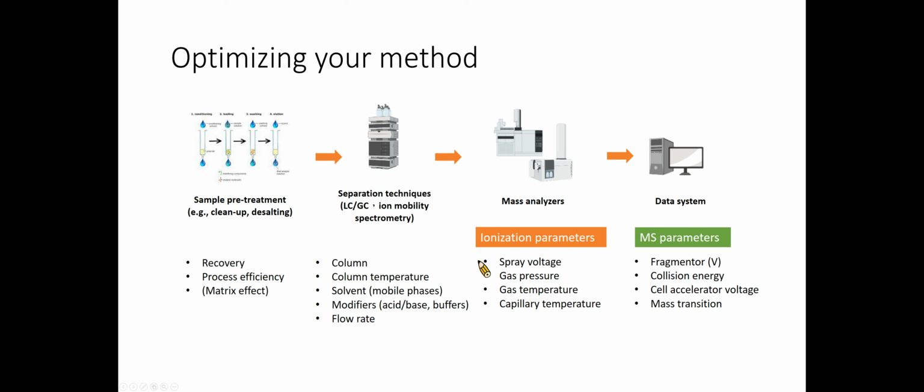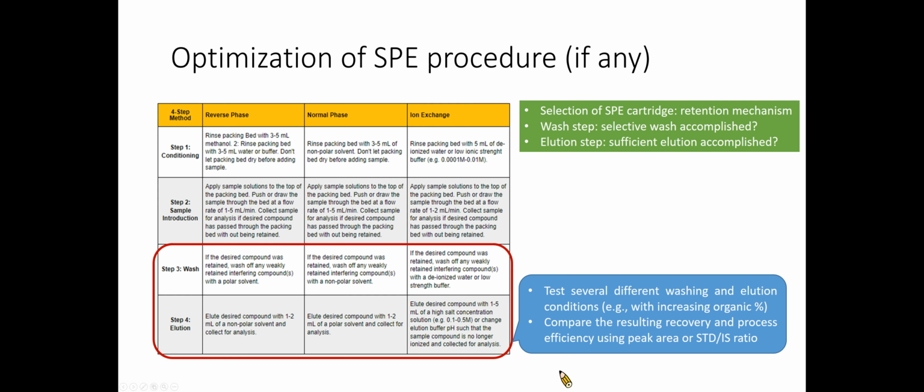Many factors may affect the signal intensity of the analyte, from sample pretreatment, chromatography separation, to ionization and mass parameters. In the following slides, you will learn how to get the best performance out of these parameters.